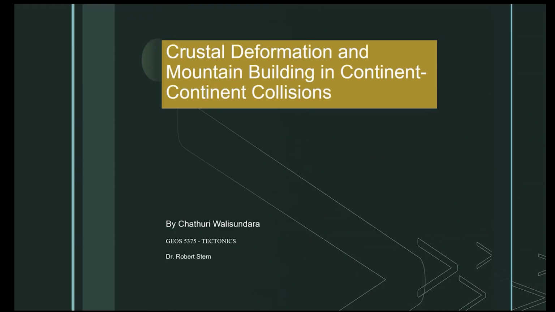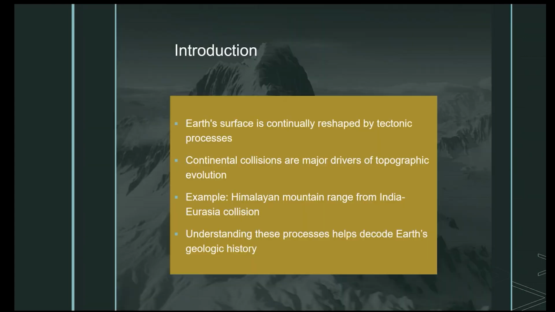Hi, good morning, everyone. My name is Chaturi Vadsundara, and today I will be presenting on crustal deformation and mountain building in continent-continent collisions. This topic is crucial in understanding how major topographic features like mountain ranges are formed through tectonic processes. Earth's surface is constantly changing, as we know, due to tectonic forces.